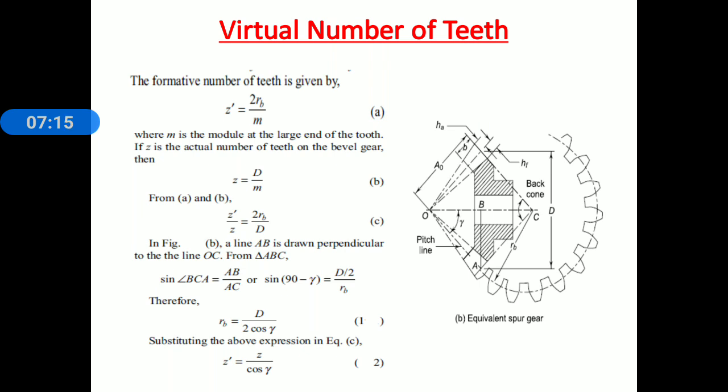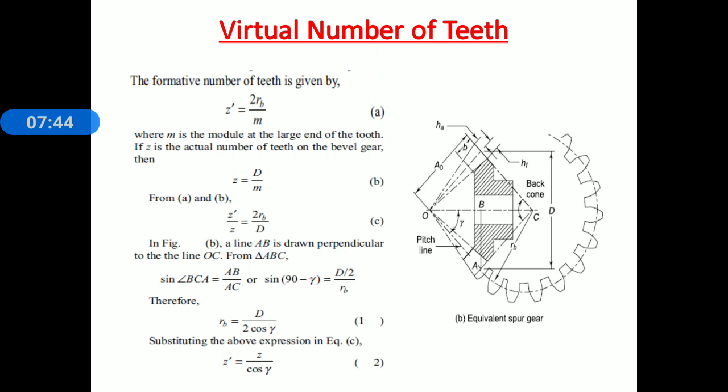Sin BCA, that is sin 90 minus gamma, is equal to AB, which is D by 2, the pitch circle radius, divided by RB. Simplifying, we get the value of RB equal to D divided by 2 cos gamma. Sin 90 minus gamma is equal to cos gamma.